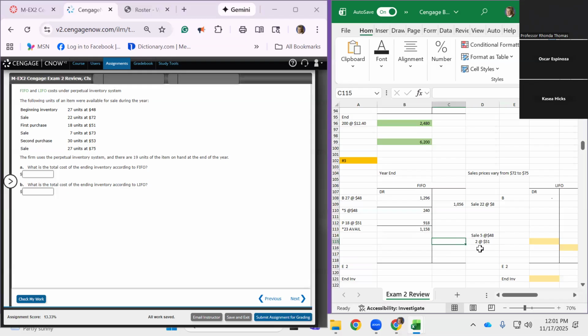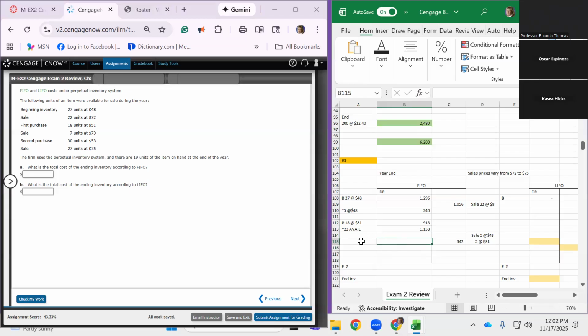So this is a sale, and that means we have a few left of the $51, right? So let me get your sales here equals. I'm going to do a formula, and then I'll show you an easy way to do this. 5 times 48 plus 2 times 51 added together, 342. Okay, 342.